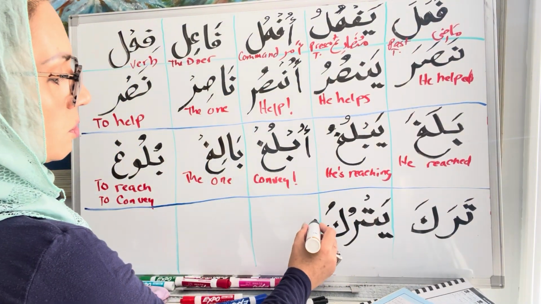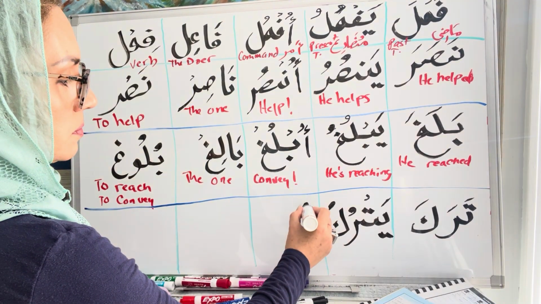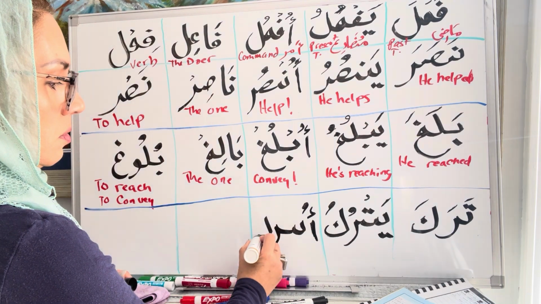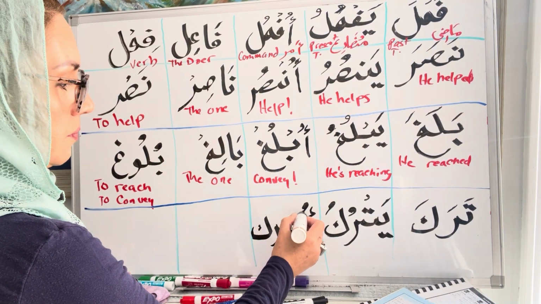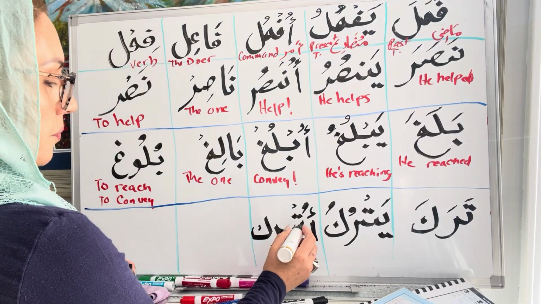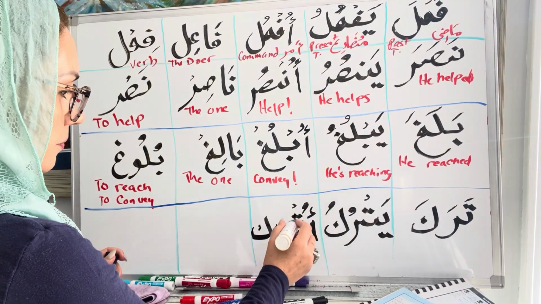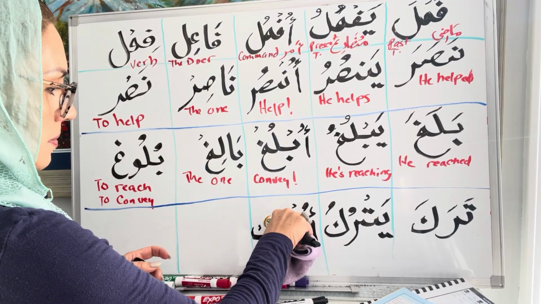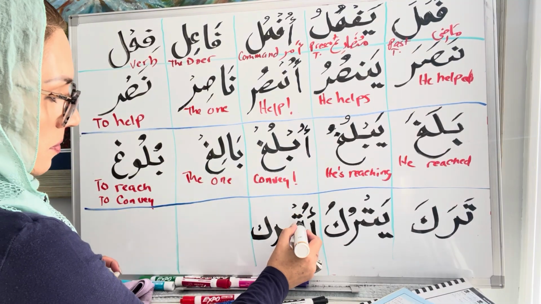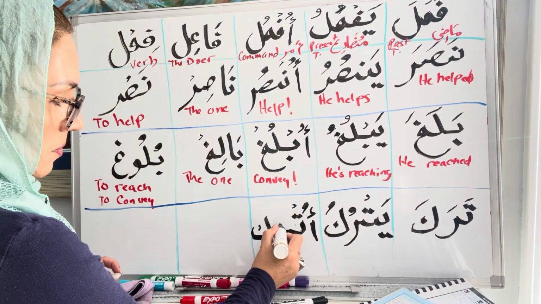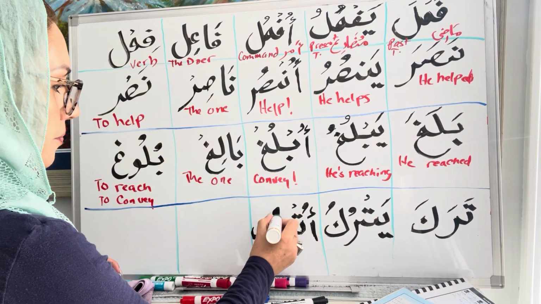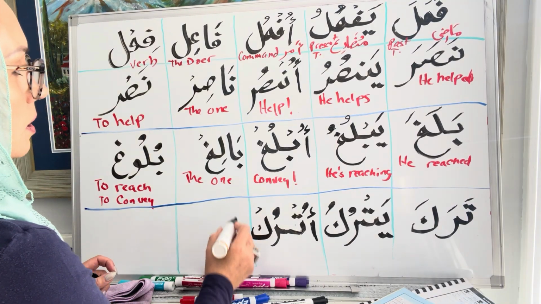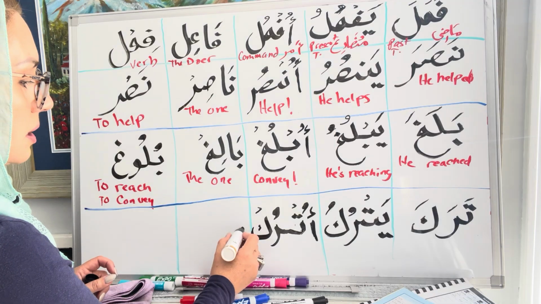And then it becomes utruk. Utruk. And then the fa'il is tarik.